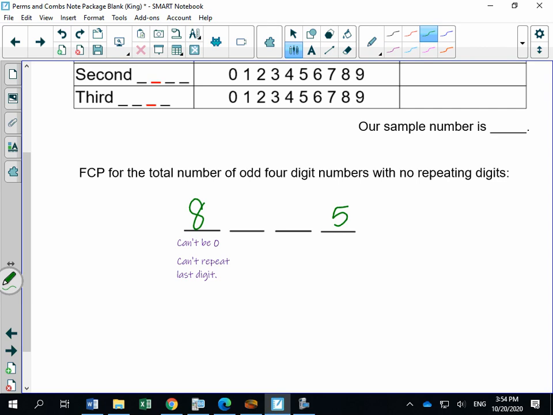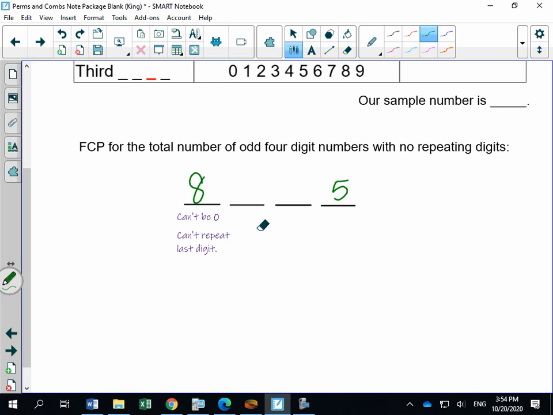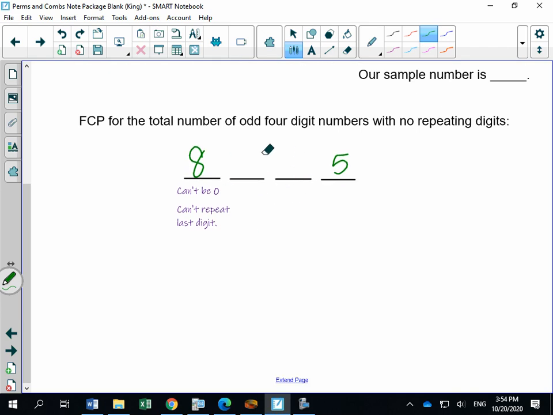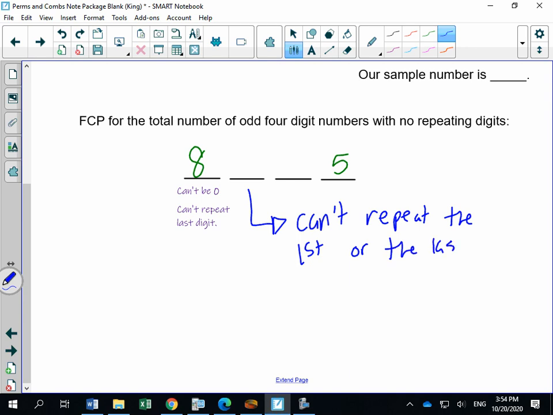Now we have to say, how many choices do I have for these two? There was generally no restrictions here. The only restriction for these two is they can't be repeats of these. So this one here can't repeat the first or the last number. But 0 is back in the game.